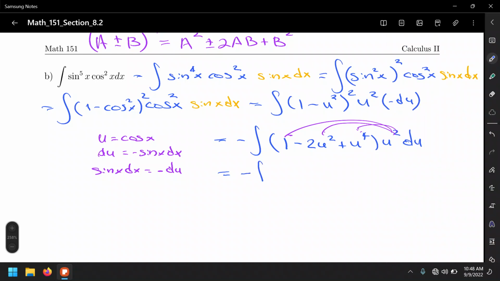And that's going to be negative the integral of u squared minus 2 u squared times u squared, that's going to give us a u to the fourth, and u to the fourth times u to the second, that's u to the sixth du.